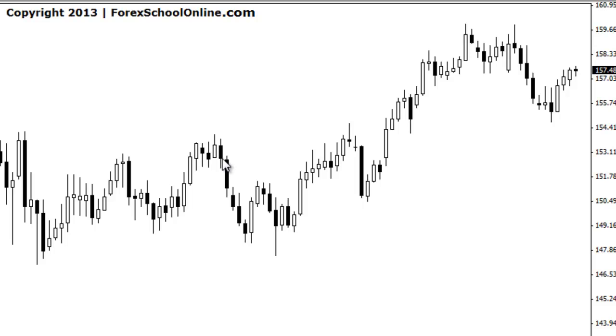The wicks on the candles are nearly the most important part of the candle. The reason for that is the wicks are where price has been, and it's showing traders where price has been and where it's rejected. So if we have a candle, we have the body. The wick is where price has been.